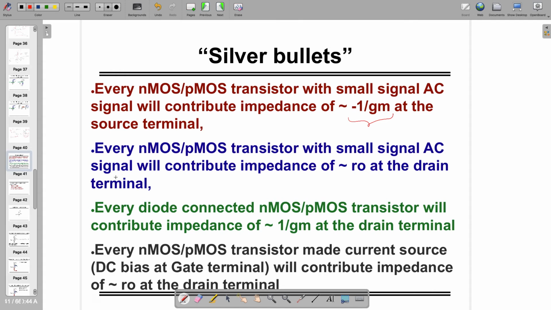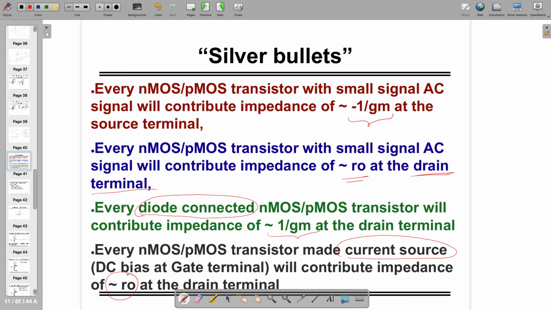If you are looking at the drain side, it's RO, right? Now, if you connect that transistor in the diode configuration, from all sides it will be 1 by GM, right? And if you make it a current source, the gate is connected to some DC potential, that contributes RO, right? This was the summary of what we have studied, right?